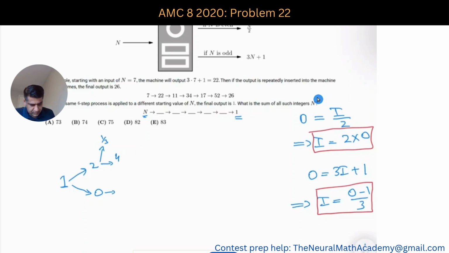And if I apply this to 0, I get 0 and I get negative 1 over 3. So from here, this is not possible, this is also not possible, and also this is not possible, it will just keep repeating it. So now let's move with 4.